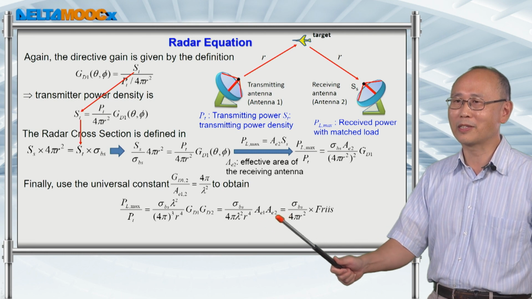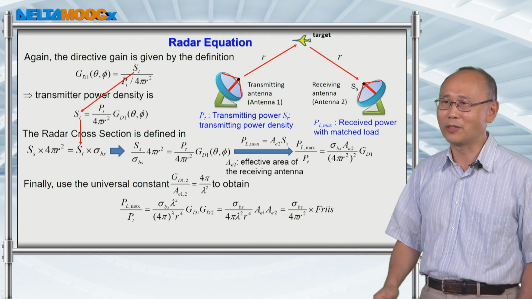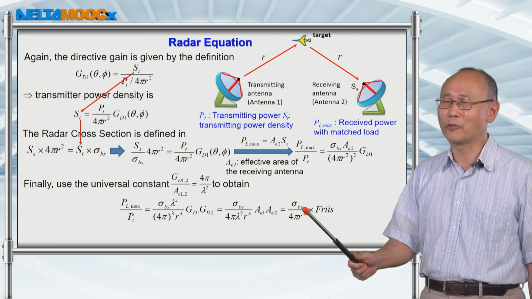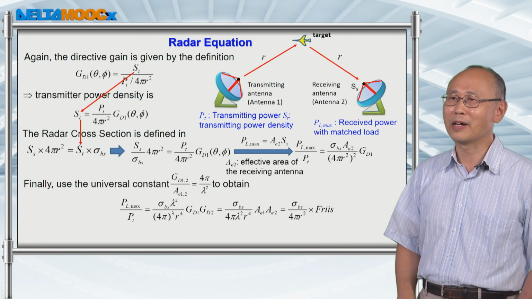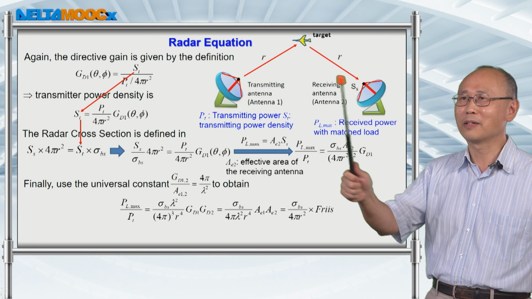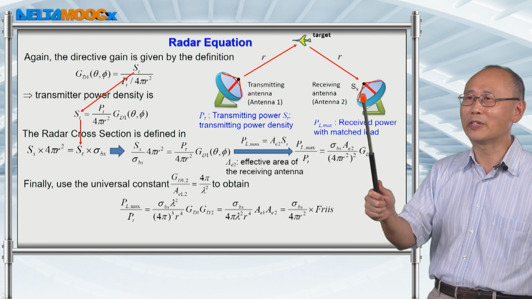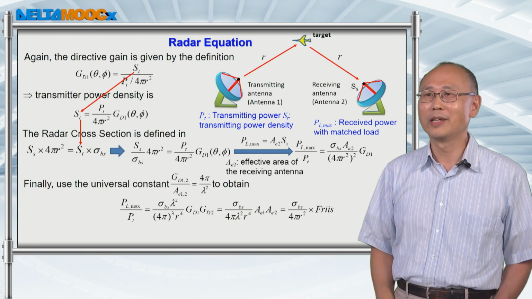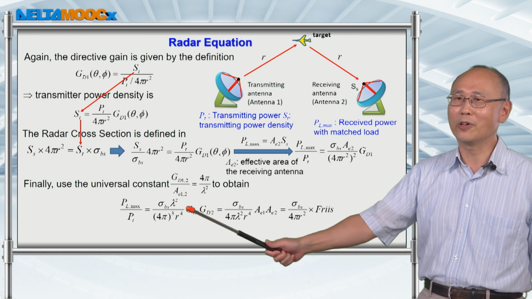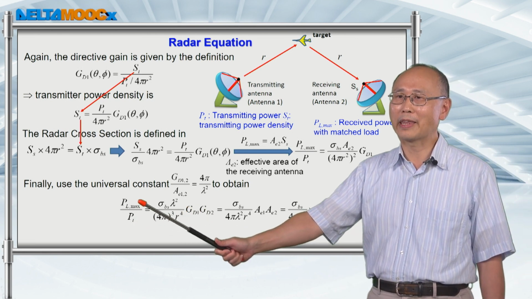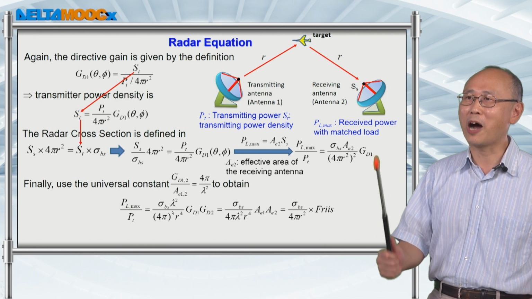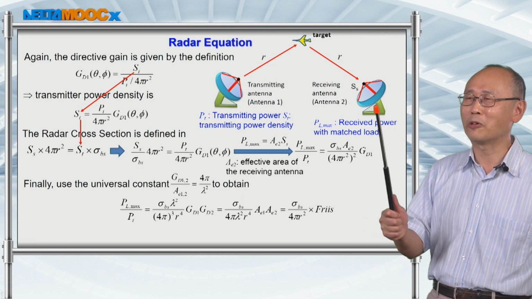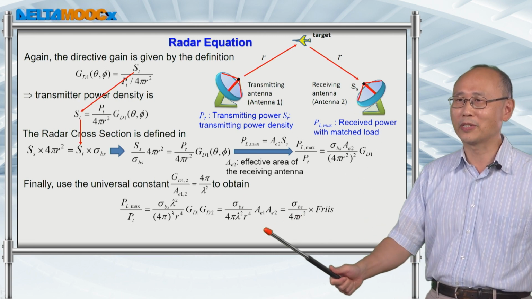This expression can also be organized into the Friis transmission formula, multiplied by the radar cross-section divided by the spherical area defined by the radiation reaching this receiving antenna. We call this the radar equation. This is very useful because if you know the transmitted power, you can calculate the received power on this receiving antenna. Of course, you want to maximize the power received by this antenna, so you can play with the parameters in this expression.